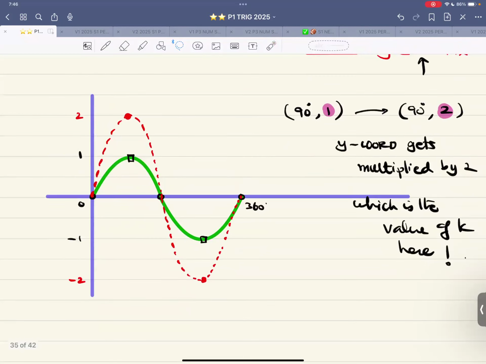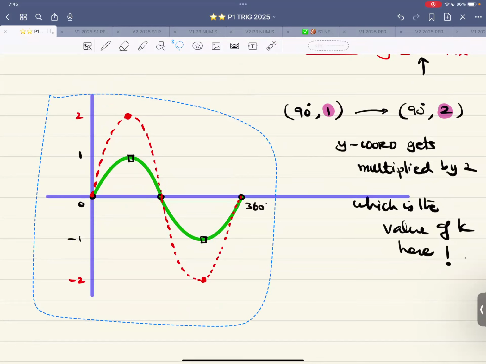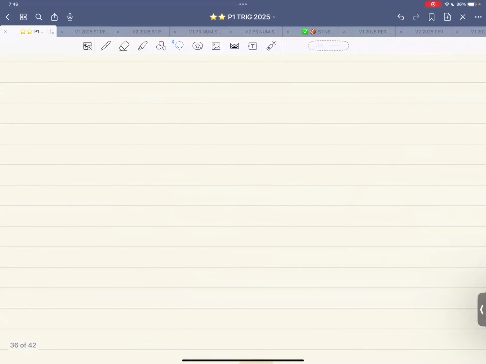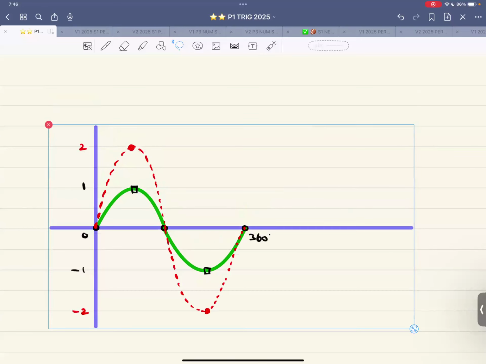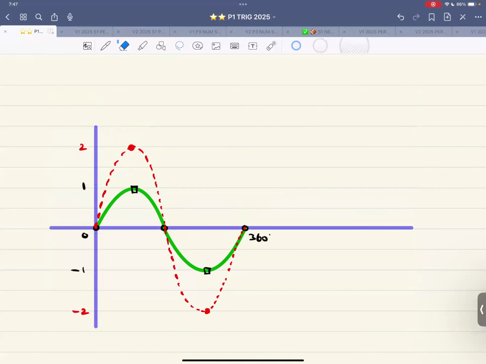It's a good idea that I draw this thing, copy, and paste it over here. And let me just erase everything over here. Okay, so just ignore the other red marks. Even if I remove this, no big deal.